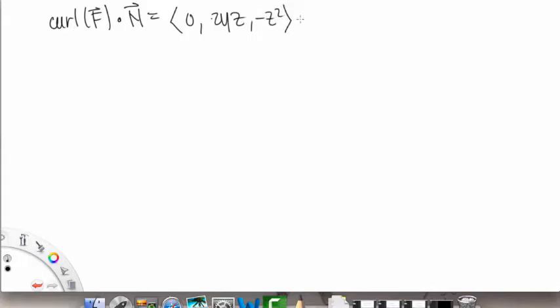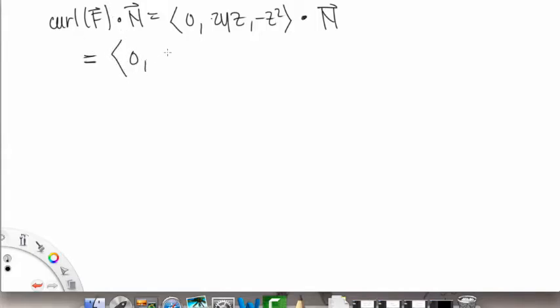So our curl of f, I'll just compute this first before we plug it into the integrand. So curl of f dot n. So let's solve for that. So our curl turned out to be something like 0, 2yz, negative z squared. And if you dot that with our normal vector, I'm just going to put everything into polar coordinates now, or into cylindrical coordinates, I suppose.